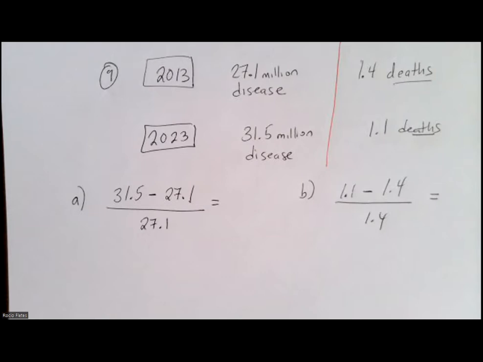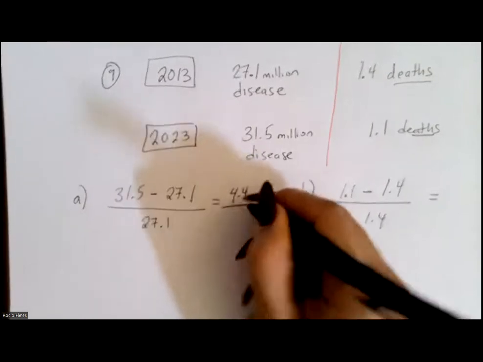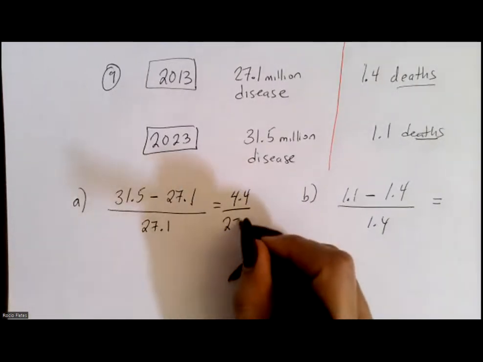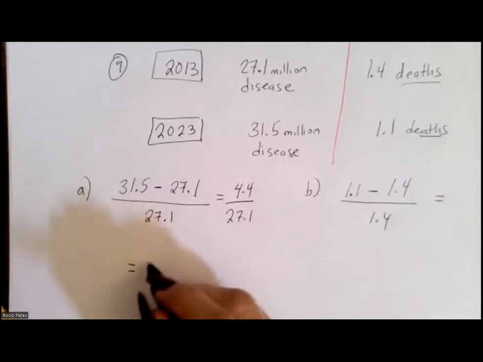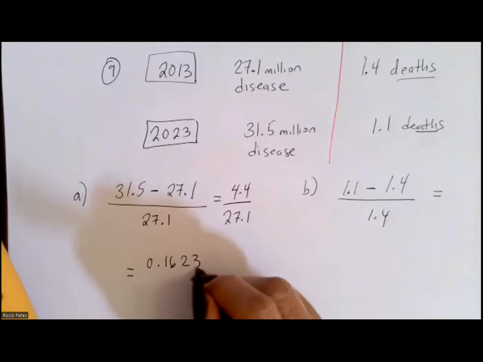31.5 minus 27.1, we get 4.4 divided by 27.1. And that's going to give me a number written as a decimal. So don't round intermediate answers.